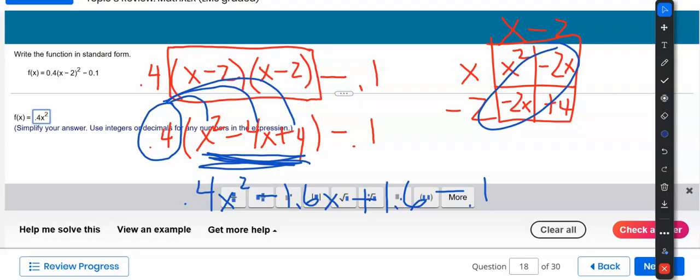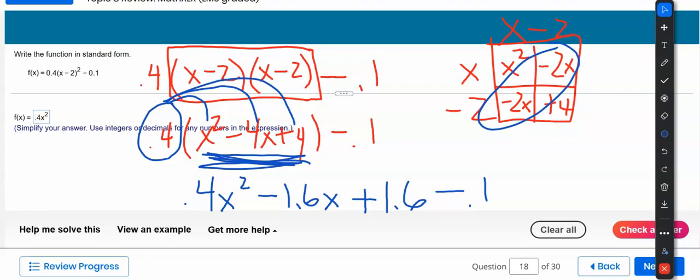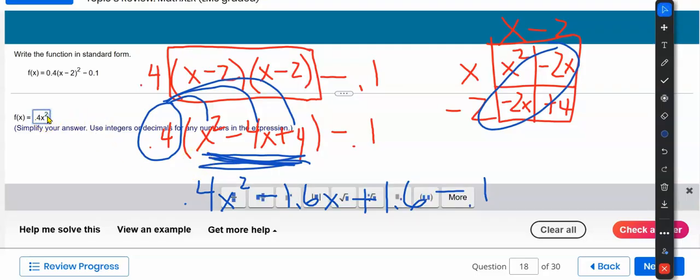Oh, wait. It looks like minus 1.6x plus 1.5. Nice. Nice how you added those two terms at the very end.